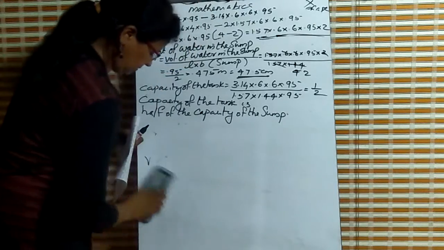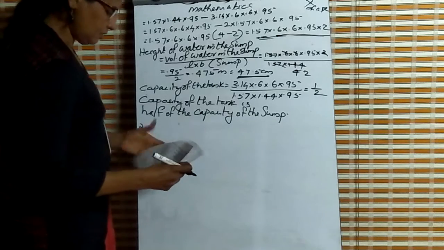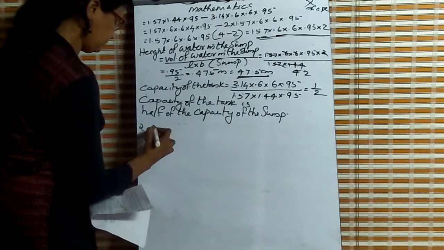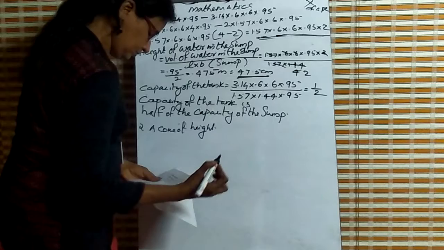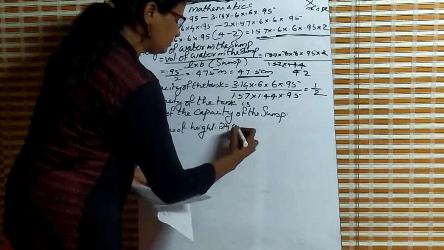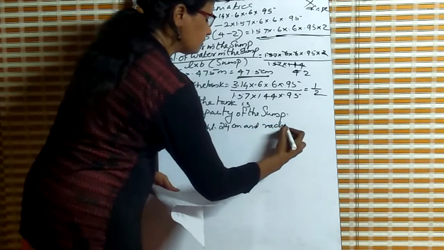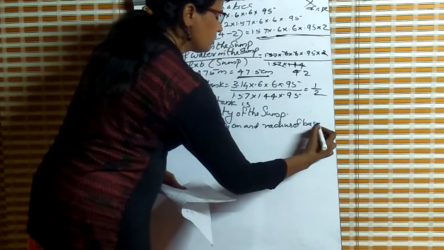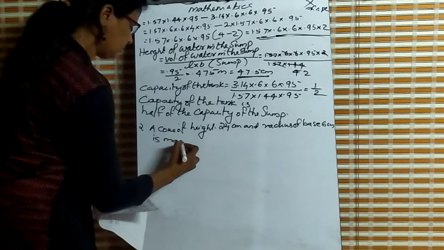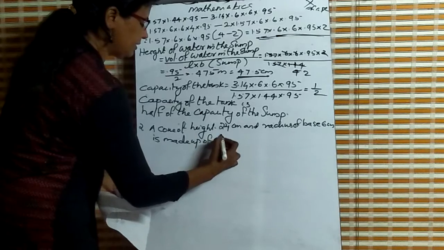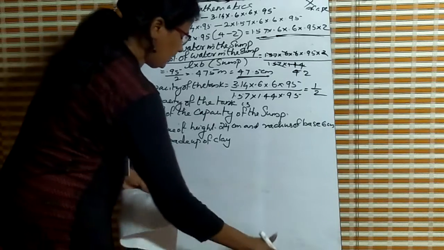Next question. A cone of height 24 centimeter and a radius of base 6 centimeter is made up of modeling clay.